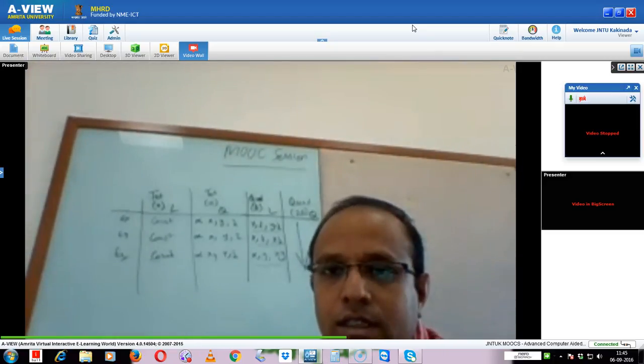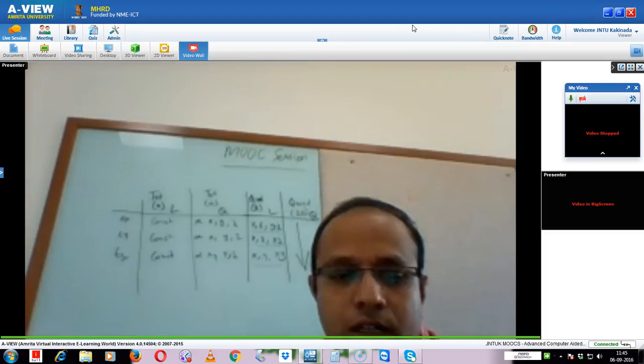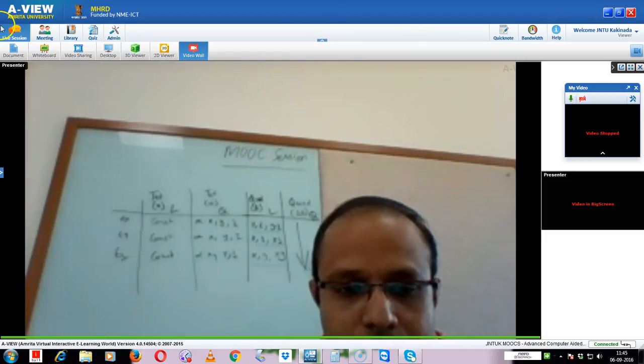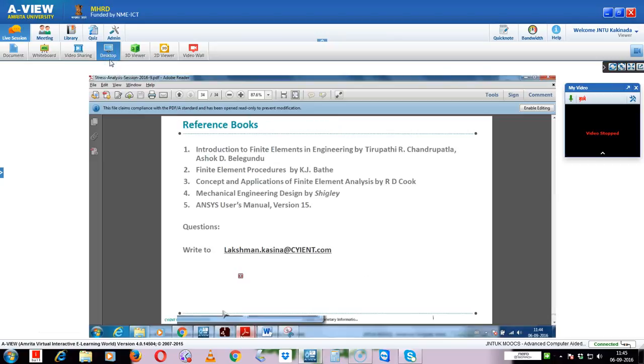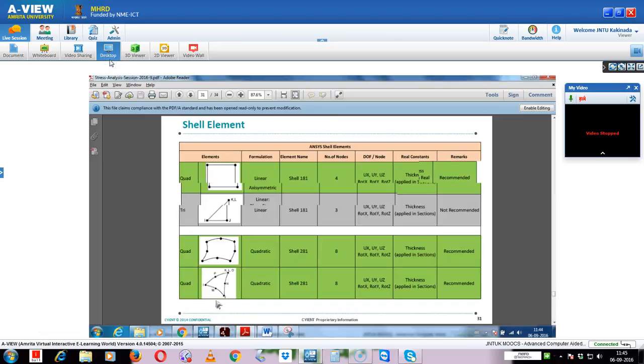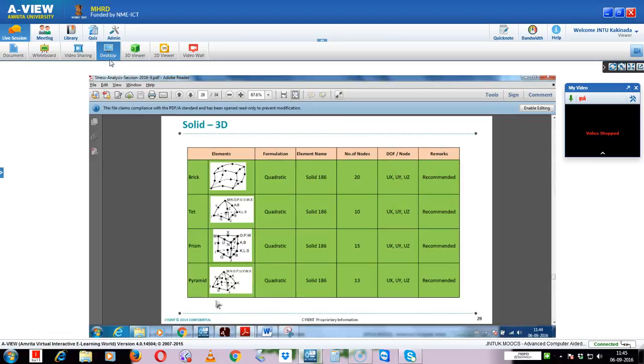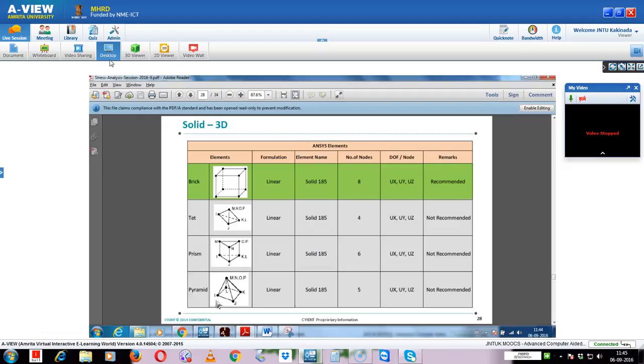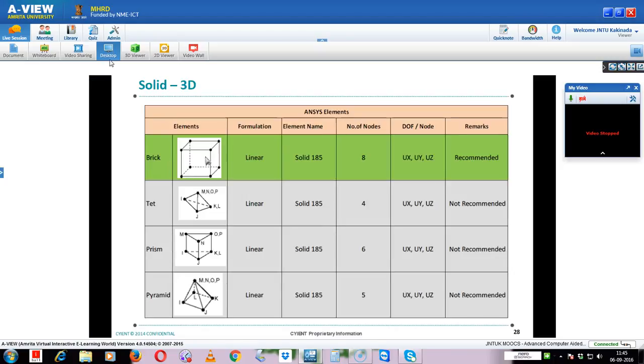So this is the reason why we are not recommending linear elements for particular shapes. Let us look into these things. Okay, let us look into the summary. So brick, 8 noded is recommended, tet 4 noded is not recommended.